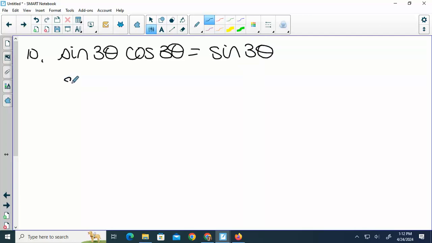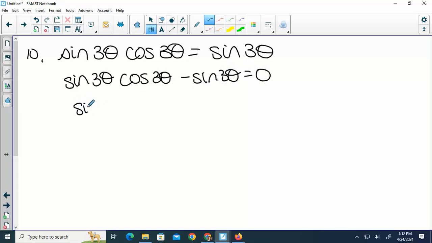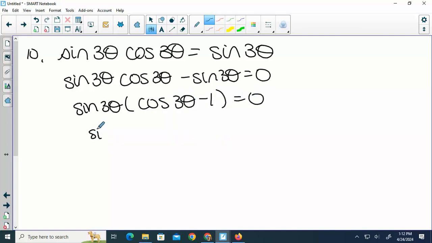Half the sine of theta. Subtract it over and factor it. Okay, set them to 0.